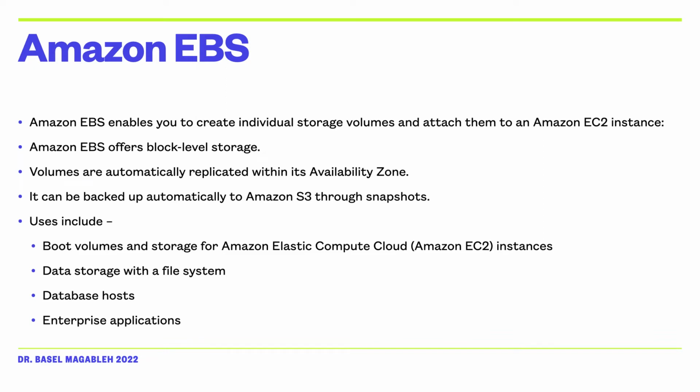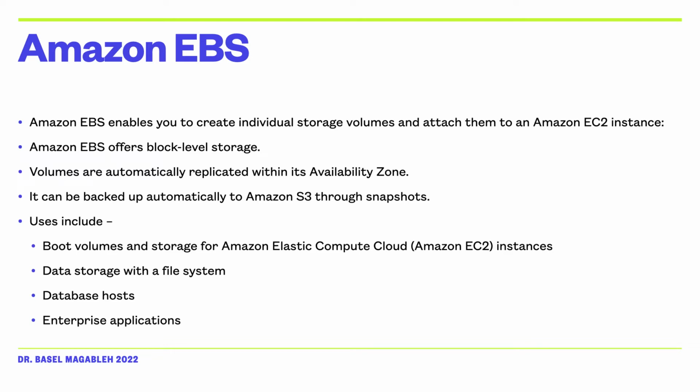For this reason, they can be used to run a database with an Amazon EC2 instance. Amazon Elastic Block Store volumes are included as part of the backup of your instance into an Amazon Machine Image, AMI. A backup of an Amazon Elastic Block Store volume is called a snapshot. The first snapshot is called the baseline snapshot.